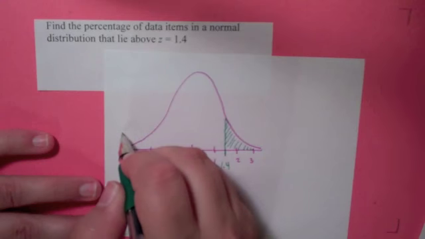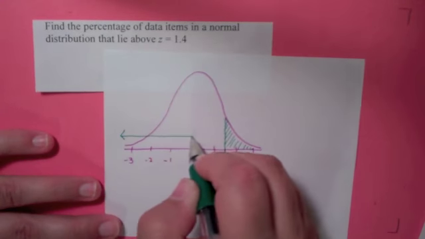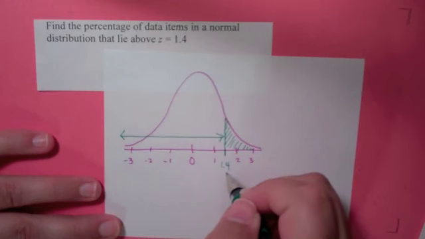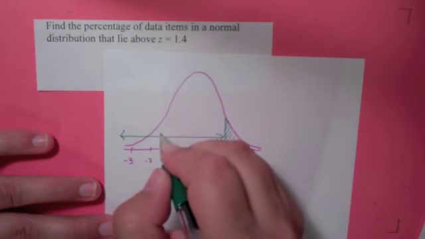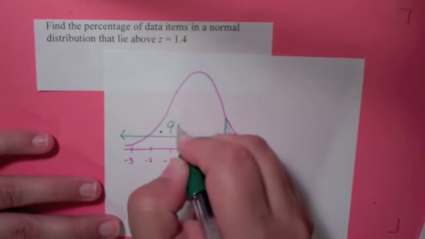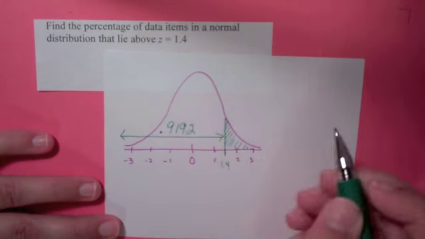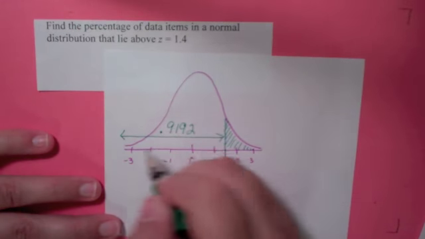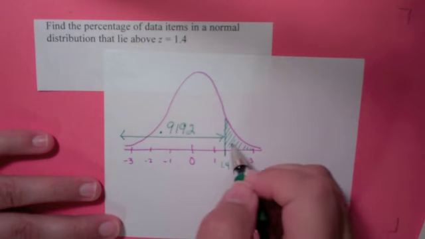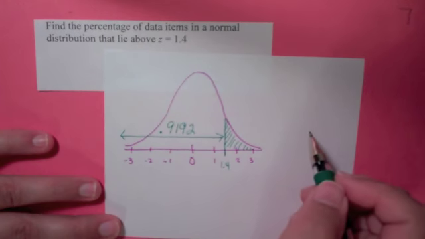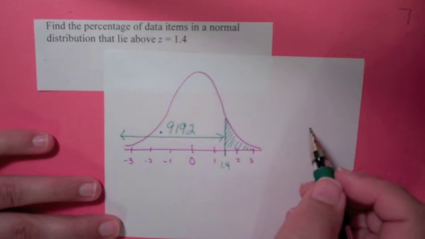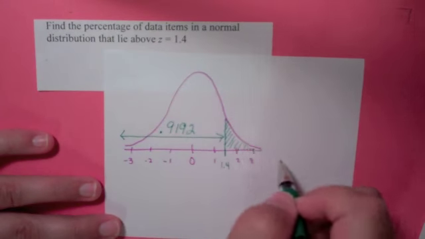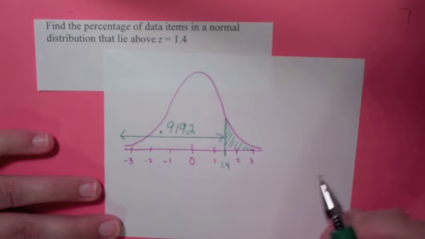And remember, the table gives me the area to the left of the point that I look up. So when I look up 1.4 and it says 0.9192, that's the area to the left. But I want the area to the right. Well, this is where I have to remember that under the entire normal curve, the area is 100% or 1.